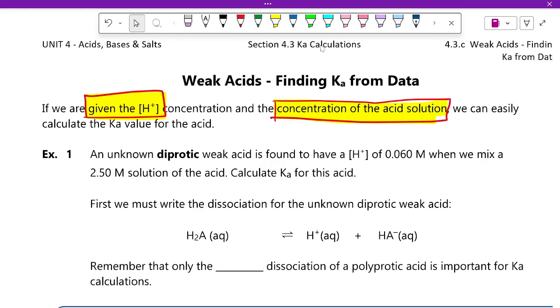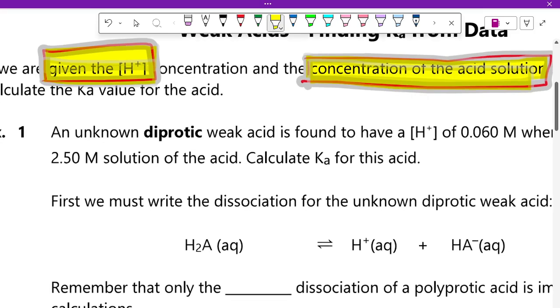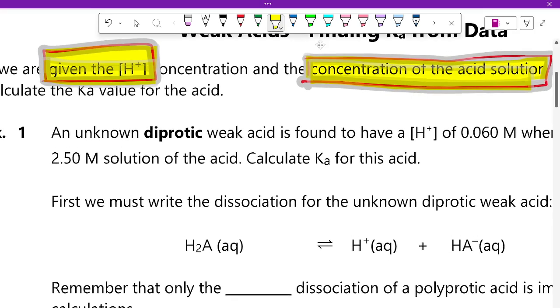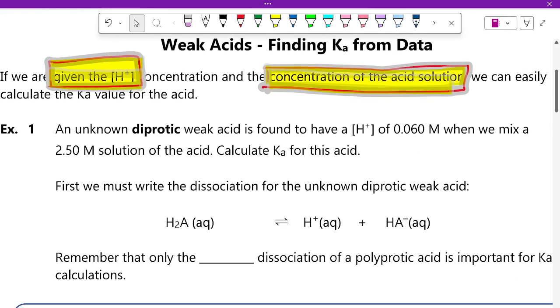So, for example here, these ones are going to be unknown acids, so you can't just go look them up on the table, right? I can't say, what is the Ka of HF? Because you'll just go look it up on the table. So here we have an unknown diprotic weak acid is found to have a hydrogen ion concentration of 0.60 molar when we mix 2.50 molar of the acid.